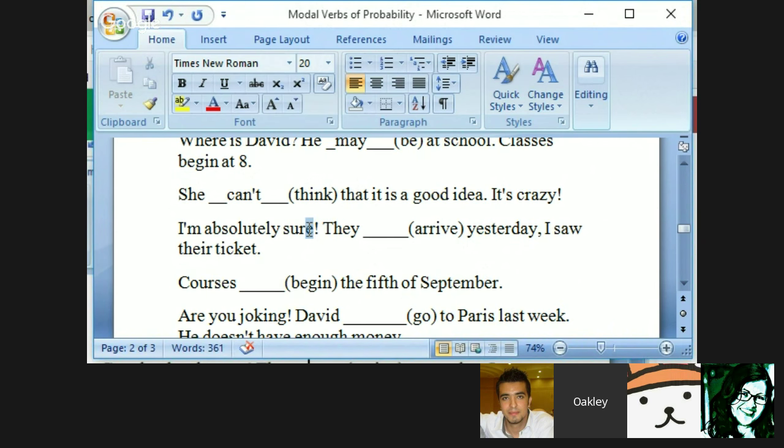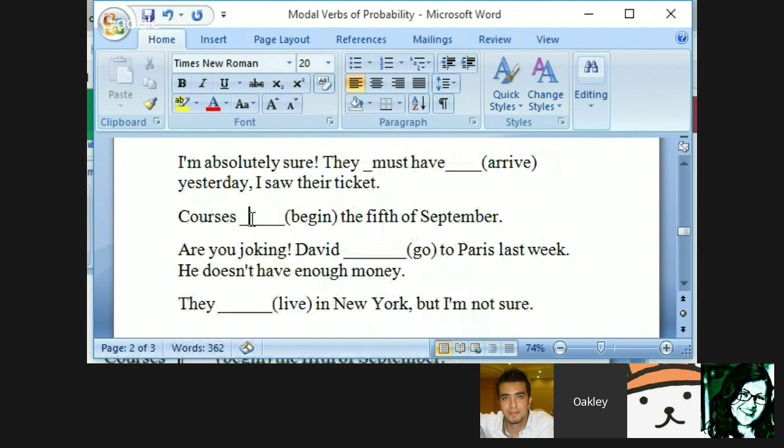Okay. Absolutely sure. So we're looking for 100%. And the tricky part is we're looking for yesterday. So 100% and yesterday. Must have arrived. Gotta be. Must have arrived, or it could be they had to have arrived yesterday. Kind of a mouthful. It's easier to say they must have arrived yesterday.